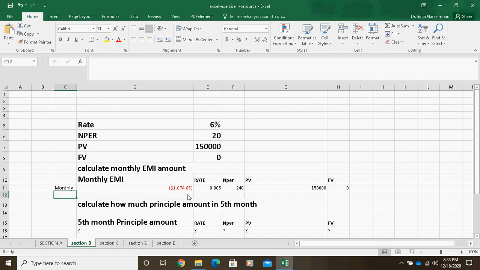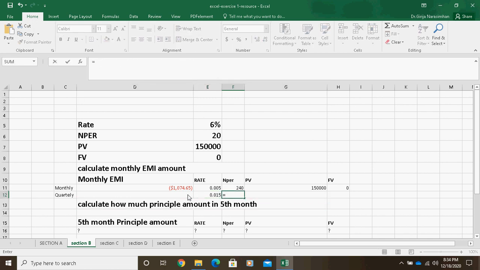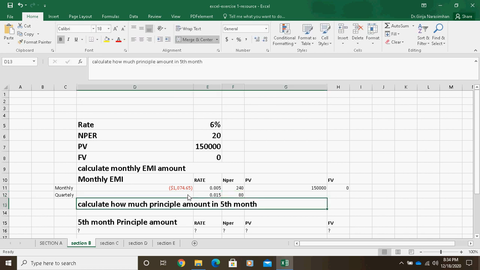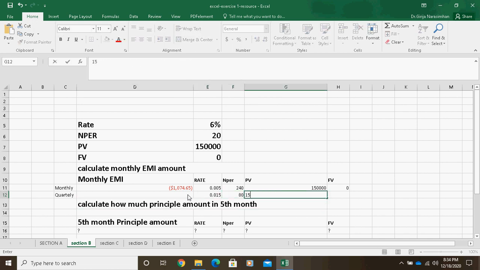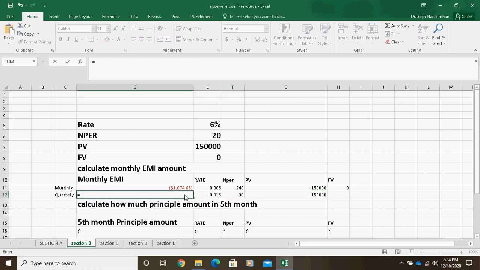The same thing quarterly, I will calculate here for your understanding. Quarterly, how the rate will differ: I will say 6% divided by 4, and 20 years multiplied by 4. Only 80 installments I will pay. Here also the same formula, PMT, but the amount may differ.